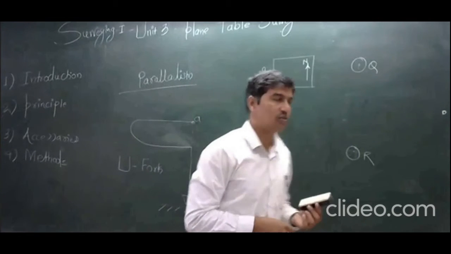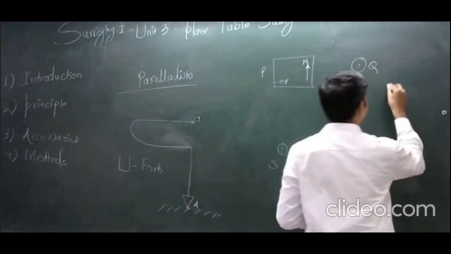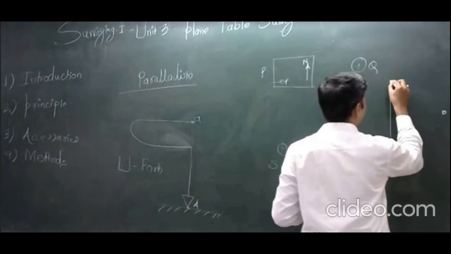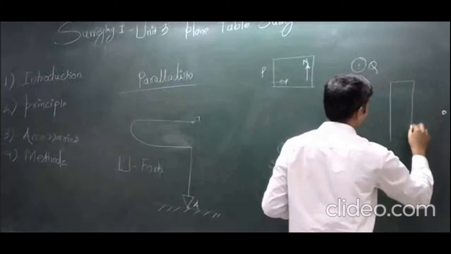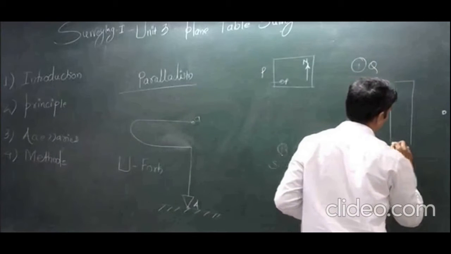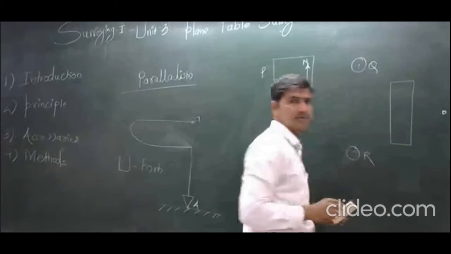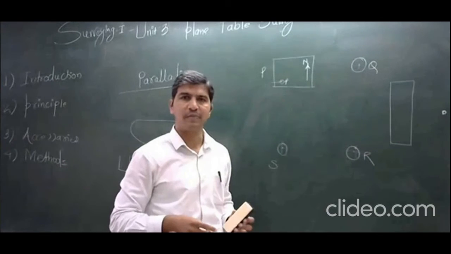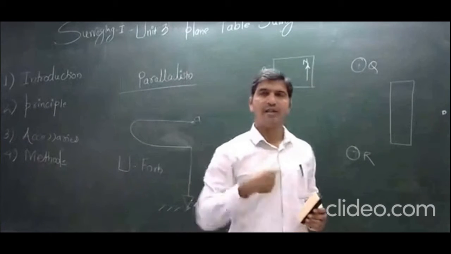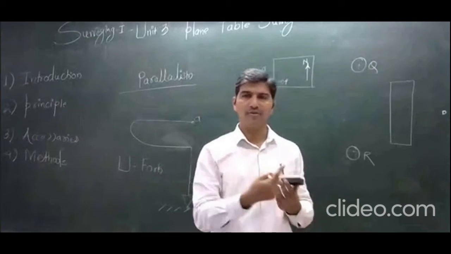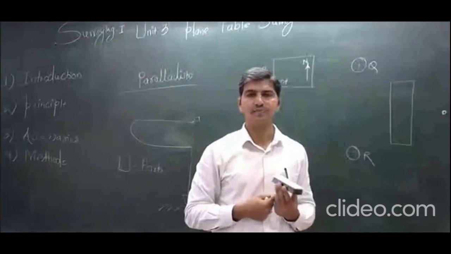For drawing the north direction, we have one more instrument which is called a compass. All of you have heard about the circular box compass and prismatic compass. In the prismatic compass we have graduations, isn't it?